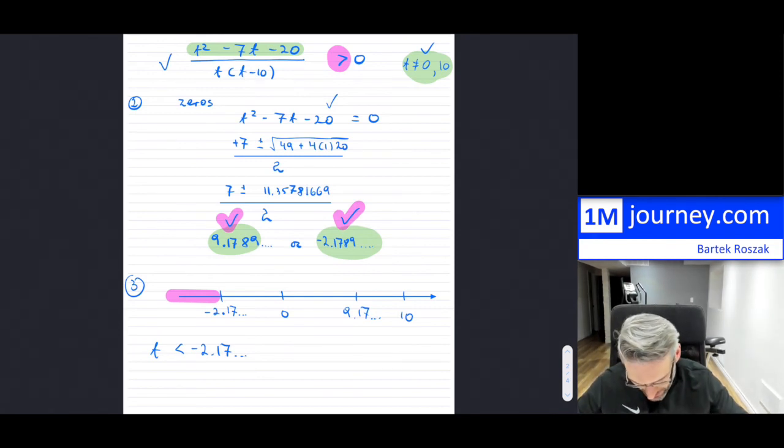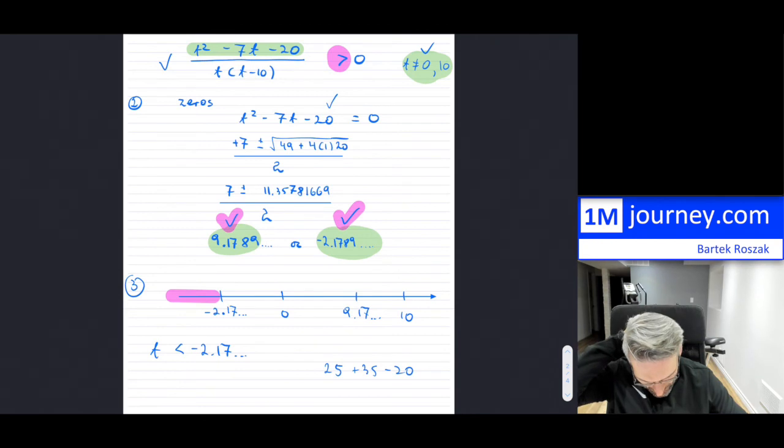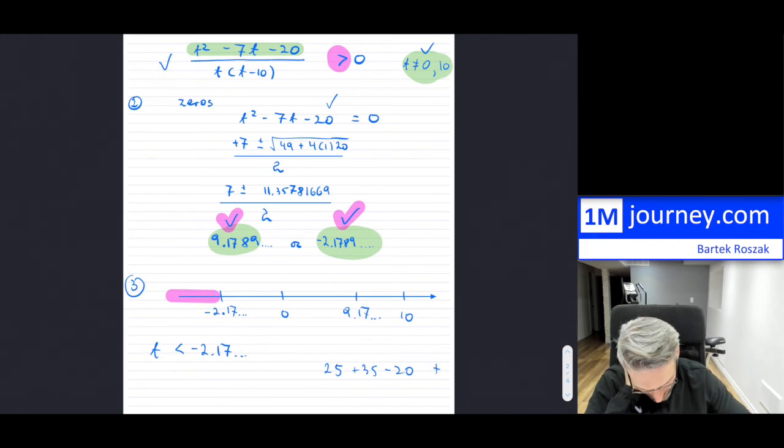So what do we have? On top we have 25 minus 5 times 7, and it's negative, so it's plus 35 minus 20. All of that is going to be positive, so the numerator is positive.